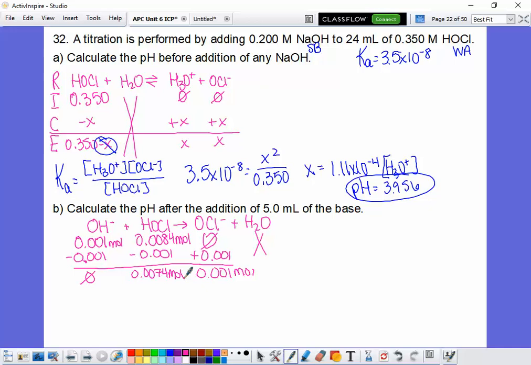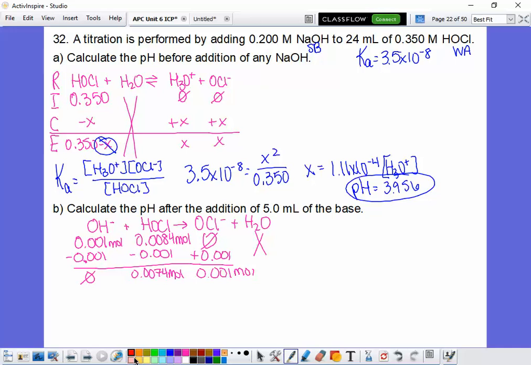We have a buffer left over. So when it's scenario number 4, what equation do you use to find the pH? Henderson-Hasselbalch. Okay, now, technically, what are you supposed to do with these moles? Convert them back to concentration. What if you forget to do that and you're using Henderson-Hasselbalch? Does it change anything? No, because the ratio is staying the same.